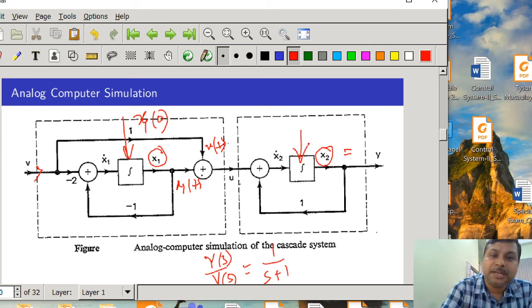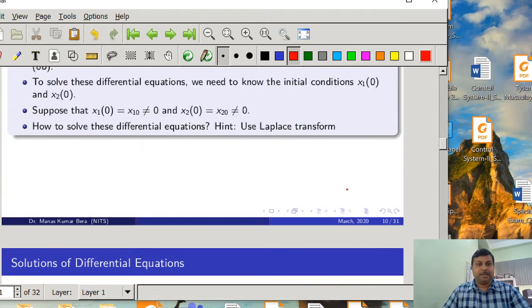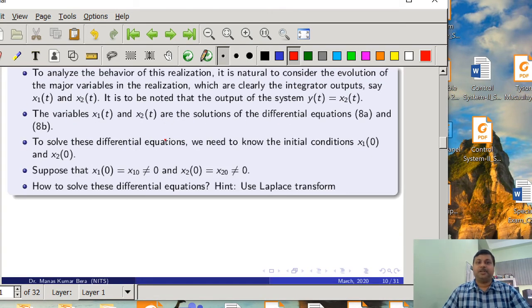Also, this integrator needs the information of x2(0), otherwise you cannot start the simulation. So this is the relation between the mathematical realization and the practical one.